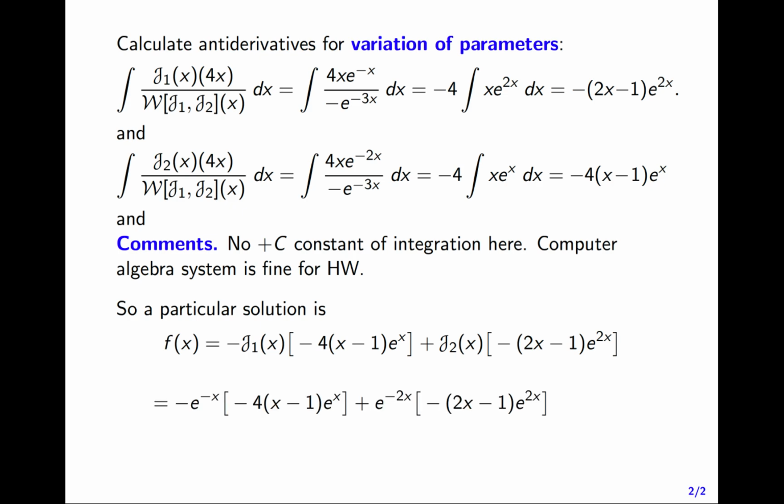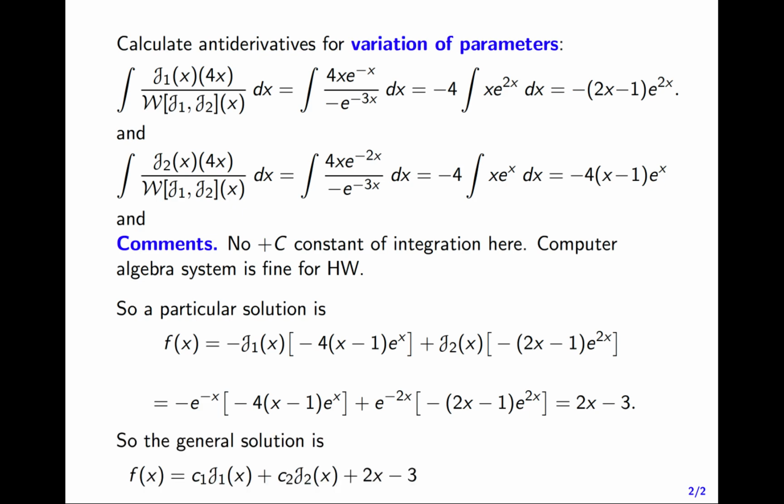And if you plug in the values e to the minus x for j1 and e to the minus 2x for j2, you can grind out what f of x is. It turns out to be, somewhat underwhelmingly, 2x minus 3. So 2x minus 3 solves the non-homogeneous problem. That's something you can check very easily just doing derivatives and adding.